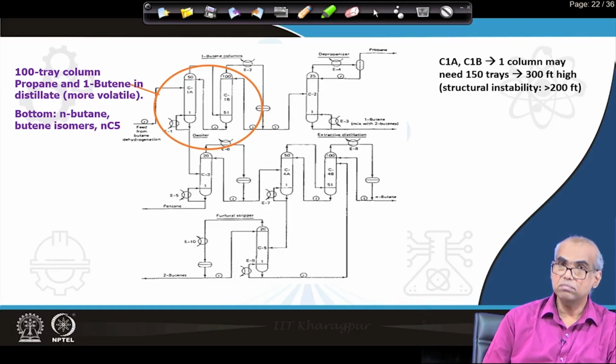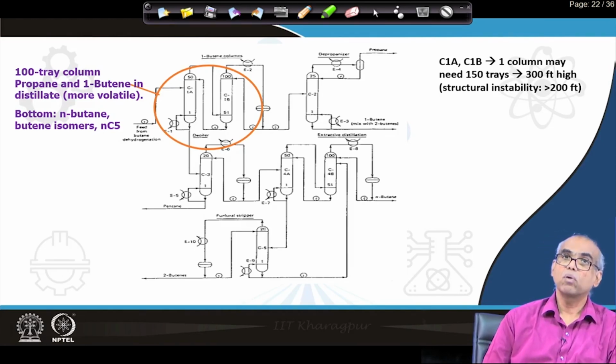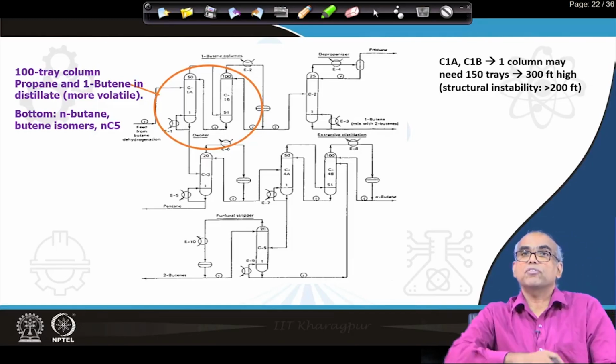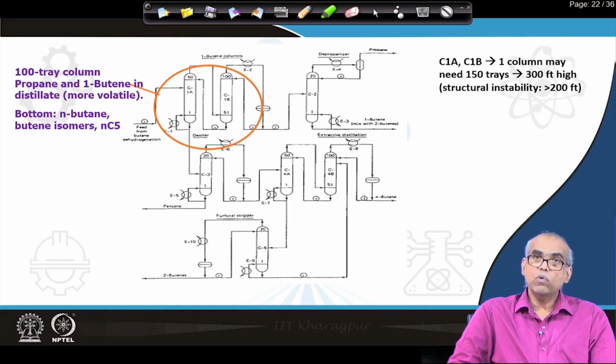These are 100K column. Propane and 1-butene are obtained in the distillate from these 2 distillation trains. Propane and 1-butene are most volatile among these 6 components. So, propane and 1-butene are obtained in the distillate.